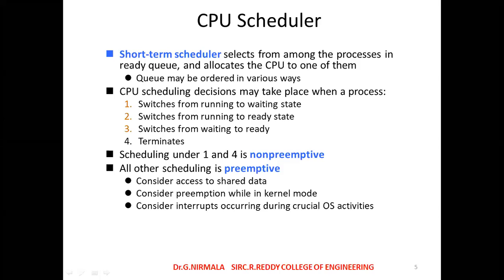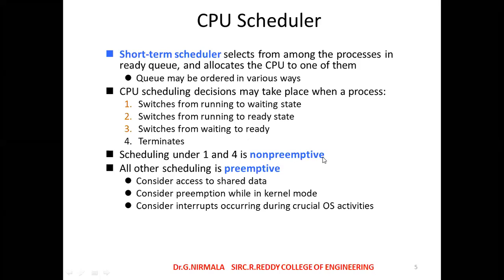Consider this case. 1 and 4 is non-preemptive. Switches from running to waiting means the process is in the running state and goes to the waiting state. But after waiting, it will be again moved to the ready state and then continues its execution. The CPU will complete the entire execution.